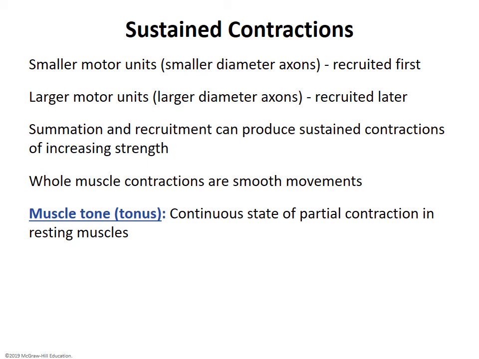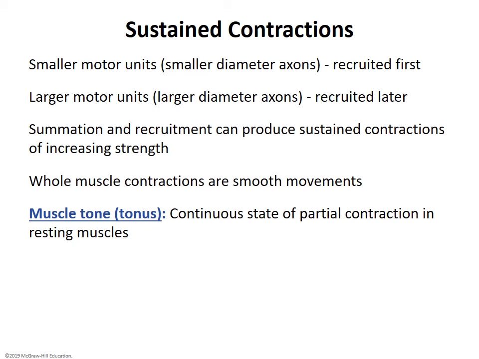Now, another thing that we need to talk about is that there is an underlying partial contraction of muscles, and it's called muscle tone. Now, there is a disease called Bell's palsy. I don't know if anybody has heard of it or seen it, but it is where half of a person's face is paralyzed. And it's a weird disease. We don't understand it. It can come and go, or it can stay.